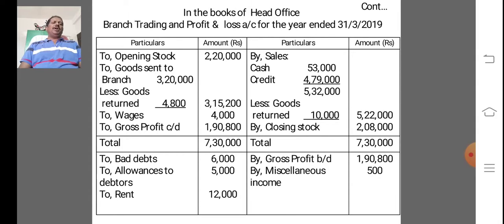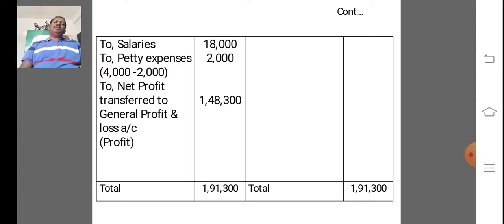By gross profit brought down 1,90,800, and by credit miscellaneous income given in the problem 500. Debit bad debts 6,000, debit the allowances to debtors 5,000, debit the rent rupees 12,000 and debit the salary rupees 18,000, and petty expenses, that is 4,000 minus 2,000. 2,000 means we spent, so the remaining balance is 2,000.